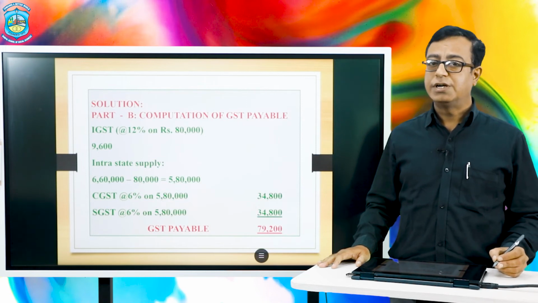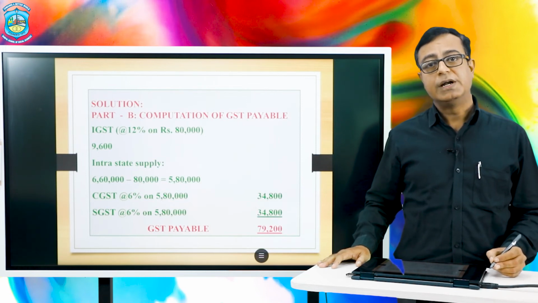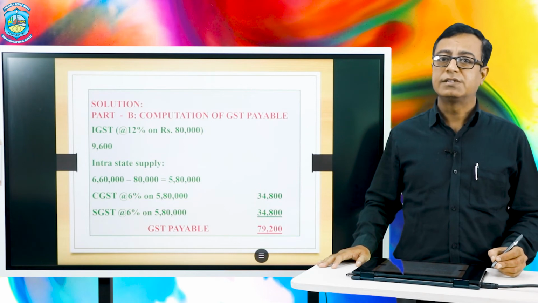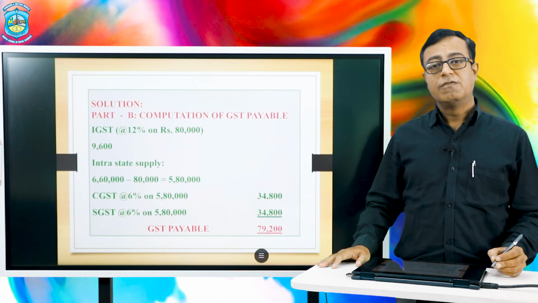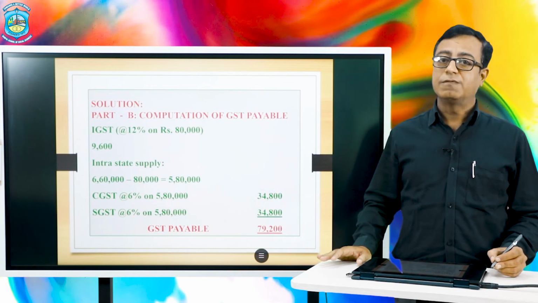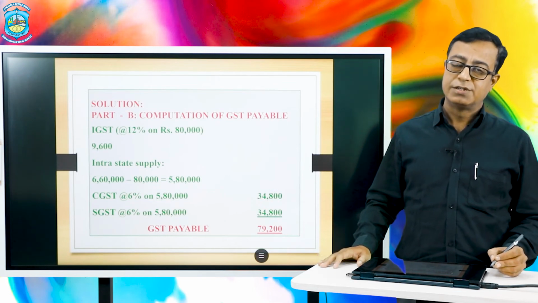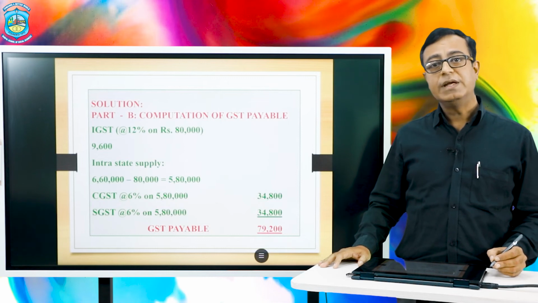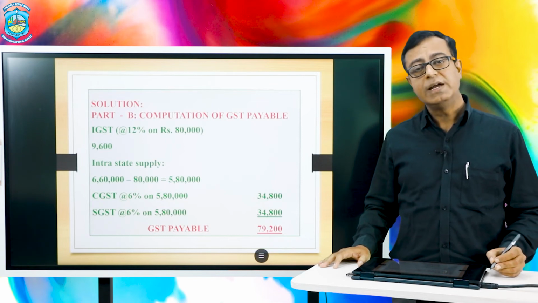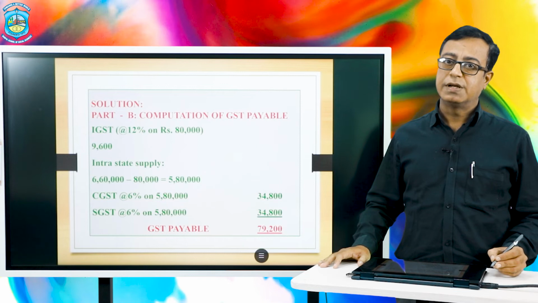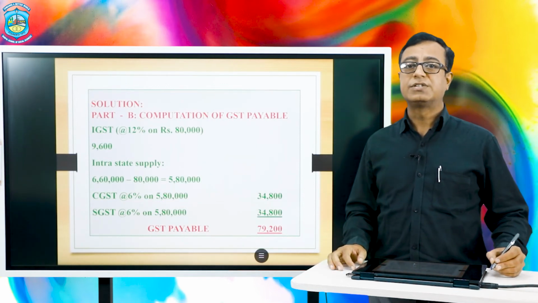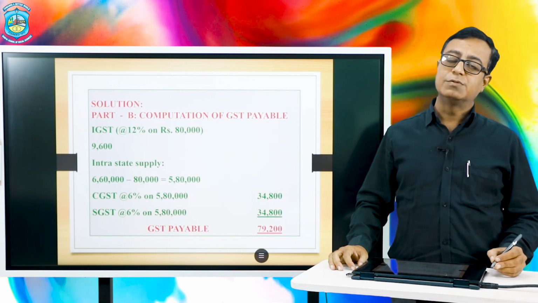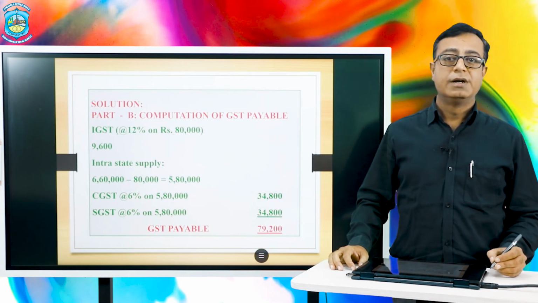But dear students, we cannot calculate directly tax on 6,60,000 because as per the detail given in the question, we have 80,000 of sanitary wares sold to Delhi. Delhi means from Bhopal to Delhi, it is an interstate transaction. So we have to charge a separate GST on this interstate transaction.